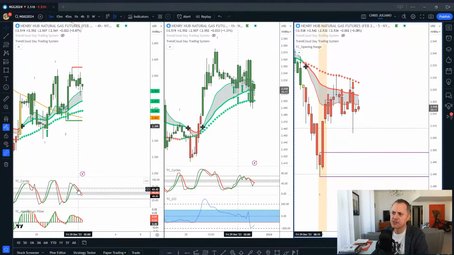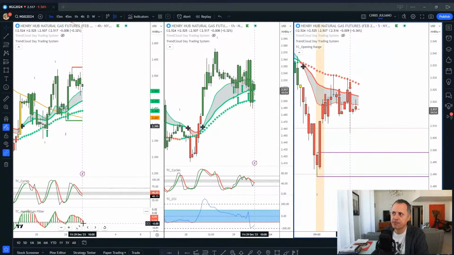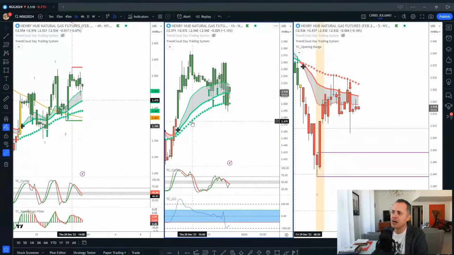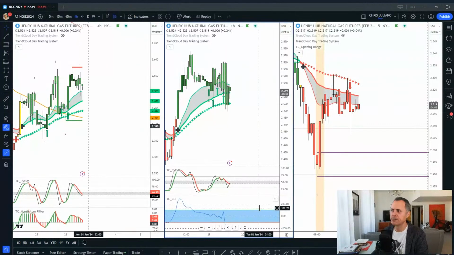We're in a corrective phase because the cycle indicator is cycling down. We are pulling into the TrendCloud. This thing is like a freight train slowly coming to a halt, right? So uptrend in a corrective phase. That means the momentum is down. We're also in an uptrend on the 1-hour chart with downward momentum.